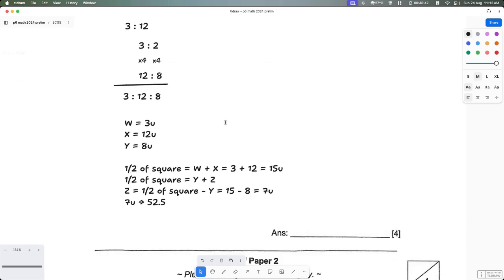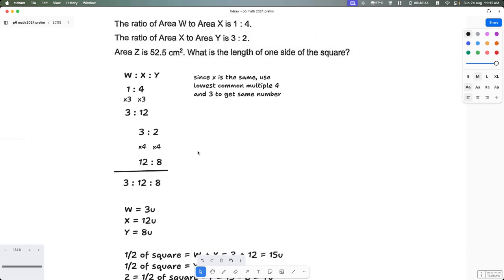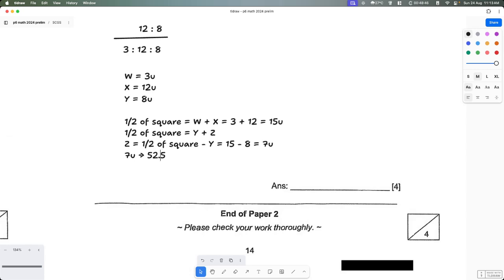So what's the total units? In this case, 1 unit is equal to 52.5 divided by 7.